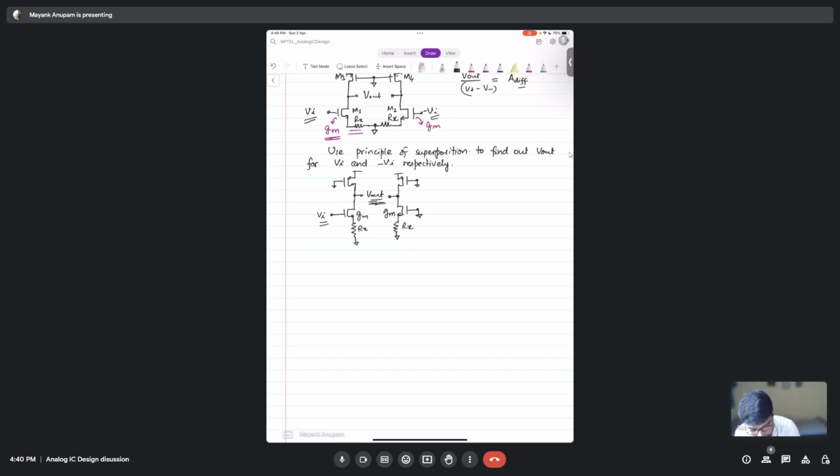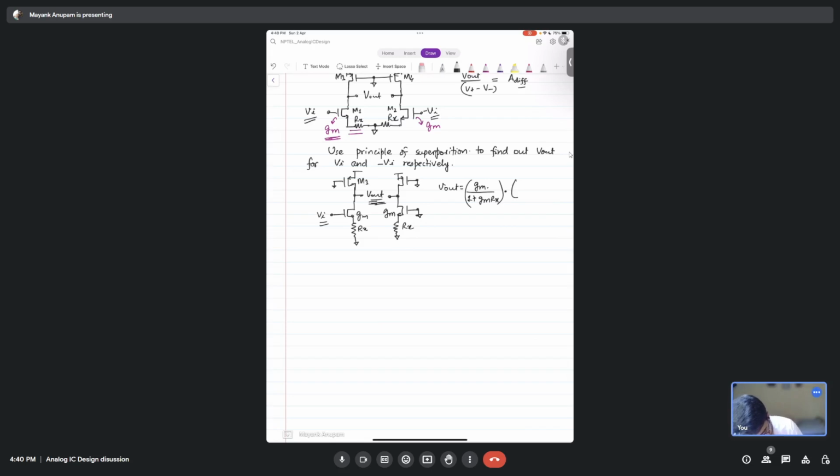Now tell me what would be the V out due to Vi. What is the value on the right side? It's actually GM divided by 1 plus GM Rx, right? That is the effective GM multiplied by whatever output resistance you have. So let's call this M3.